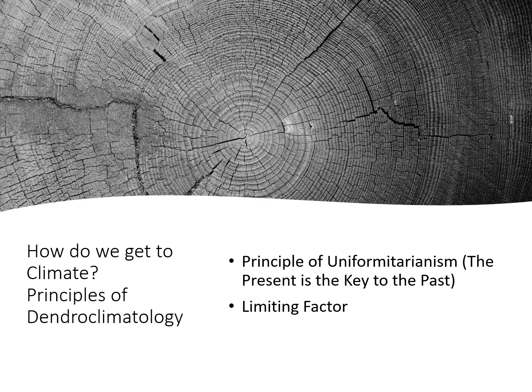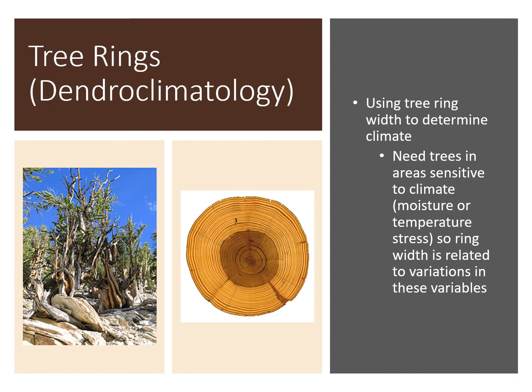A limiting factor refers to an environmental factor that is most important to restricting or encouraging the growth of the organism. Tree ring width is directly related to how well a tree grew in a given year, which is dependent on the limiting factor, which could include temperature, precipitation, snow cover, nutrients, even carbon dioxide.